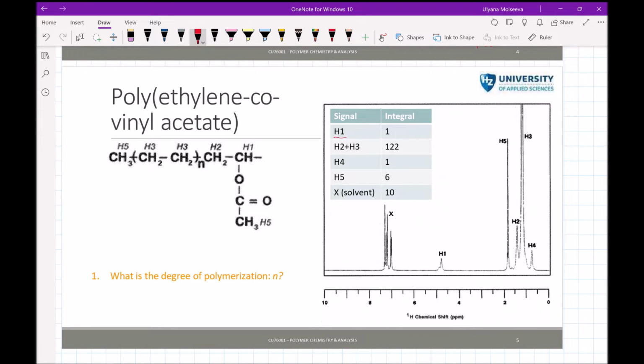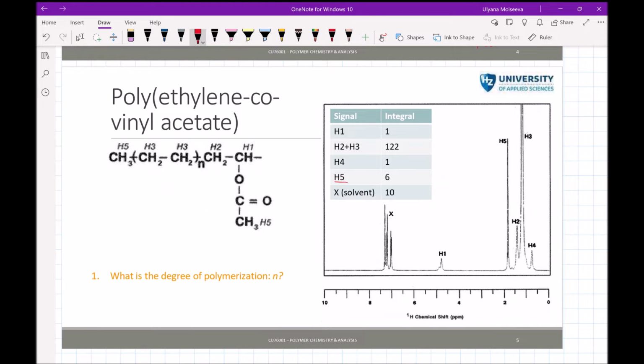We have an integral for H1, which is here. We have one for H2 plus H3, which is here, H4, H5, etc. So how do we approach this now, since we don't have just integrals for our end groups and just integrals for our repeating unit? So let's take a look at each integral separately.